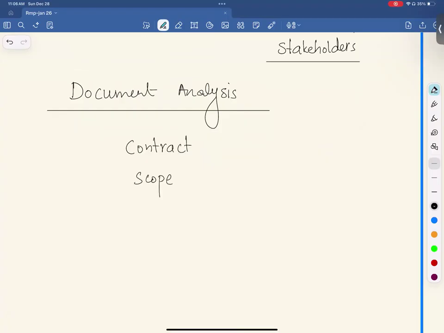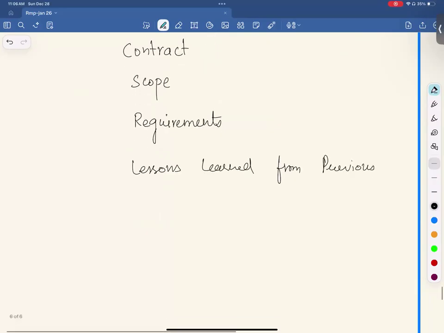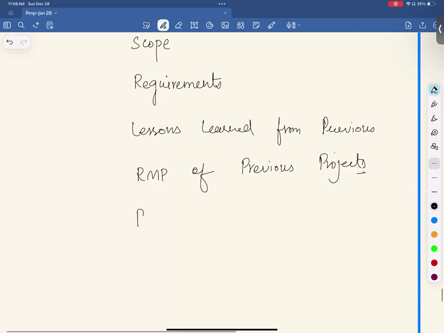We have scope, list of requirements, lessons learned from previous projects, right? Risk management plan of previous projects, right? All these, you have the project charter.